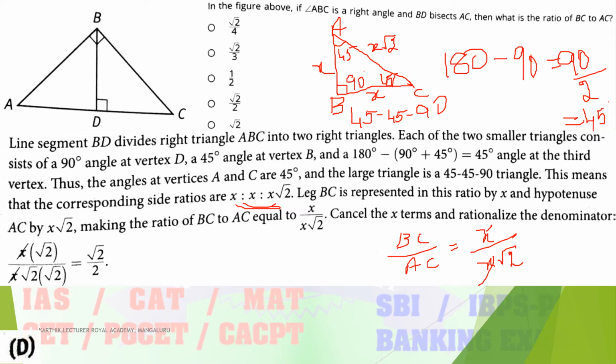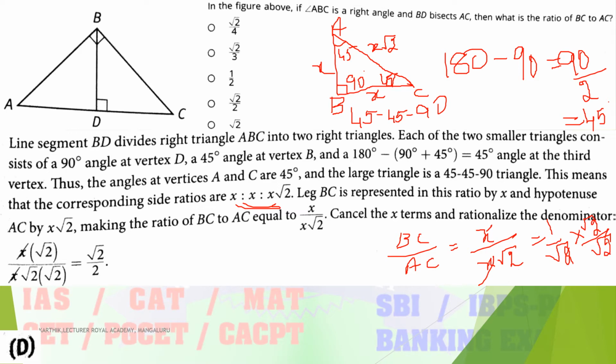So how is it correct? I will tell you. See, that type of option is not there. The actual answer is 1 over square root of 2, and that answer is not there. So you multiply numerator as well as denominator by square root of 2.